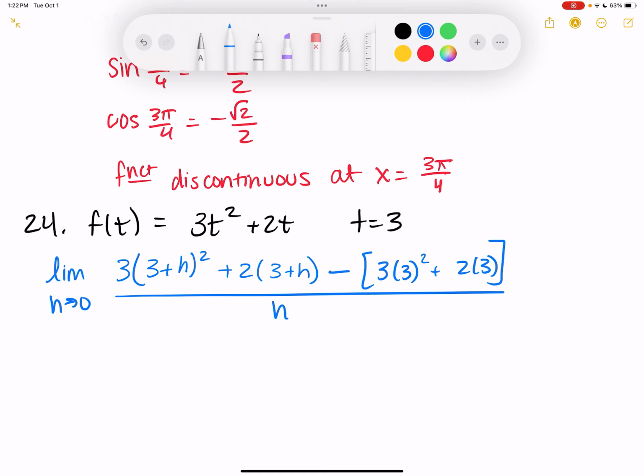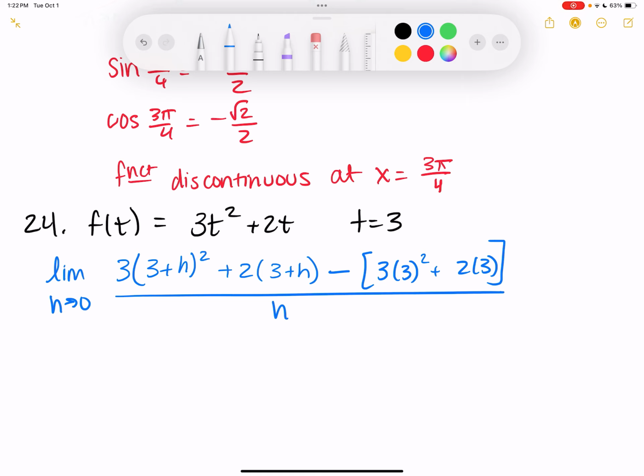Can you explain one more time how you're putting that in? Yeah. I have this function here. Everywhere there's a t, the first time through, I'm doing 3 plus h. It's the a plus h part. So now instead of x equal to something, t is equal to something. So a is just a generic placeholder when we're plugging something in.